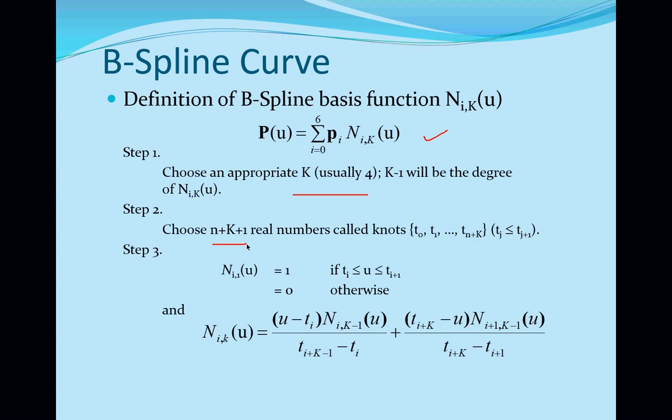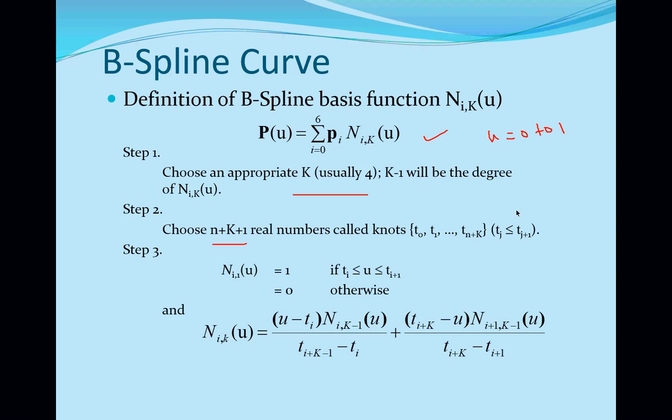Then choose n plus k plus 1 real number of knots. So these are the knots that are basically required. One important point here: in case of all the curves, u varies from 0 to 1.